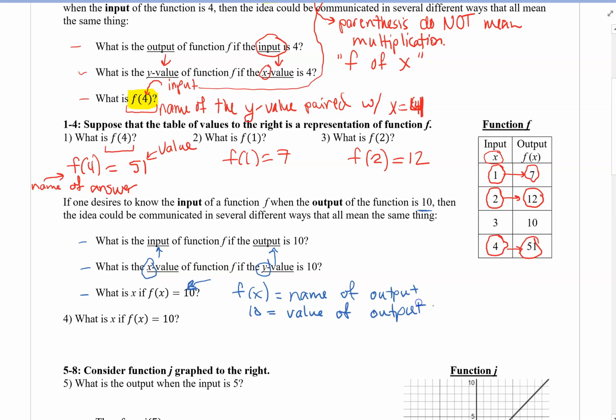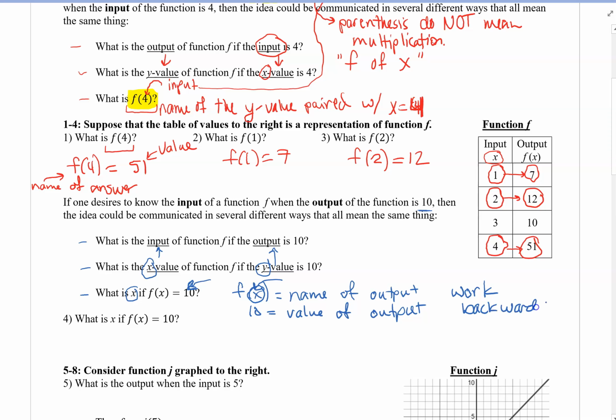And what we are looking for is the x. We want to go backward and find what the input had to be to land on an output of 10. So we find ourselves having to work backwards.